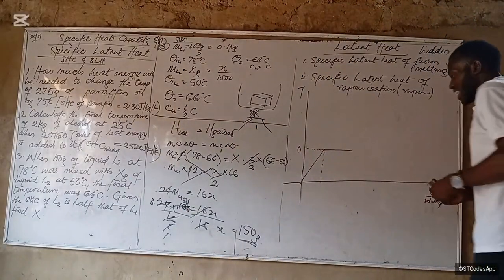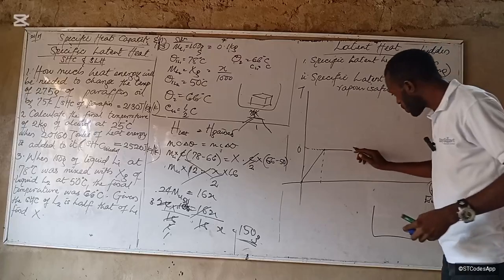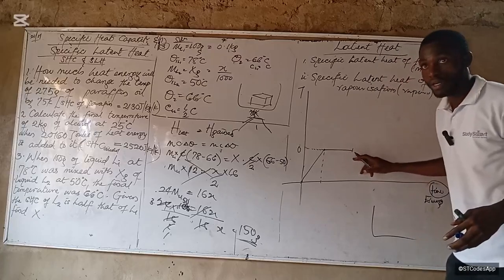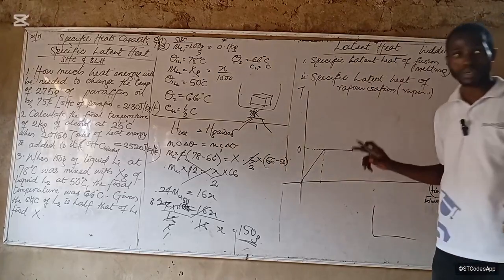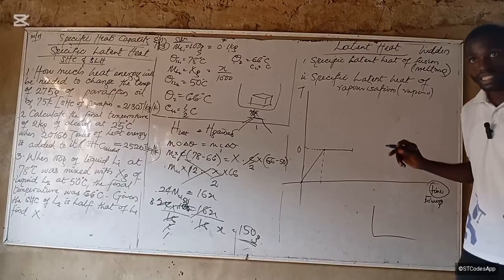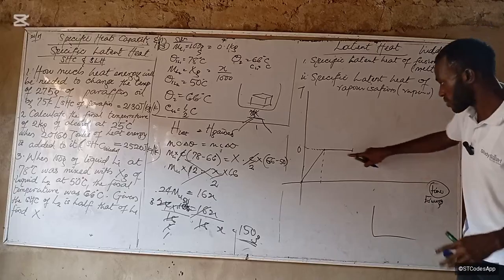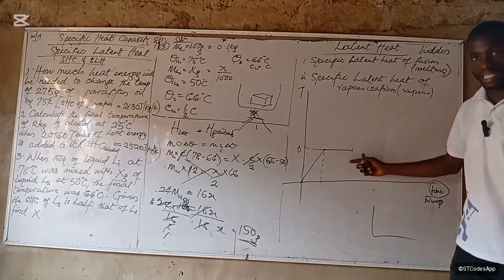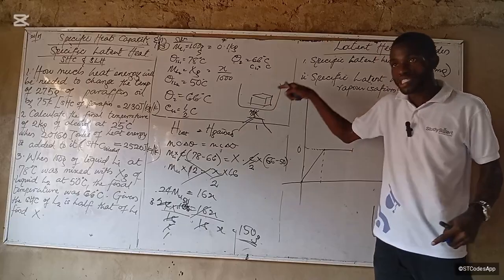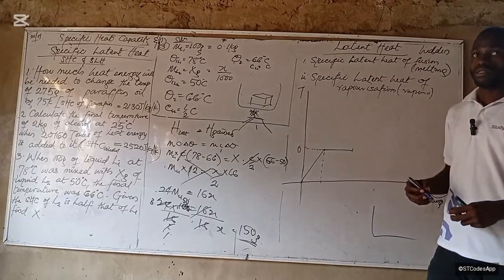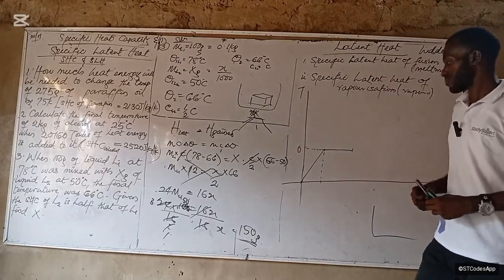So latent heat is the amount of, so this heat here, is there a rise in temperature? The heat that was used up here is what you call latent heat. Hidden heat, because it doesn't look like heat is supplied here, but energy is still being supplied, because at that point there is no change in temperature. Is that clear? Good.